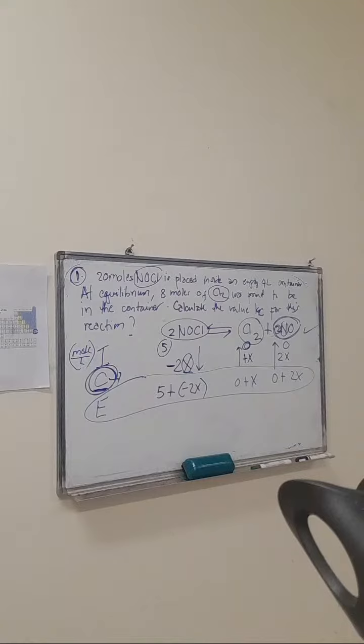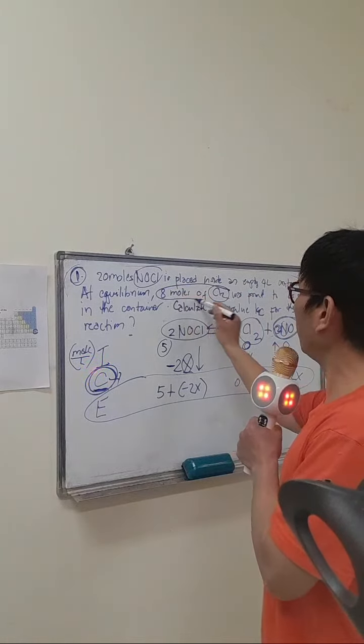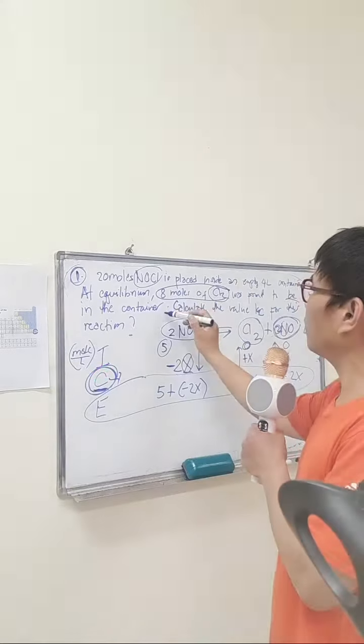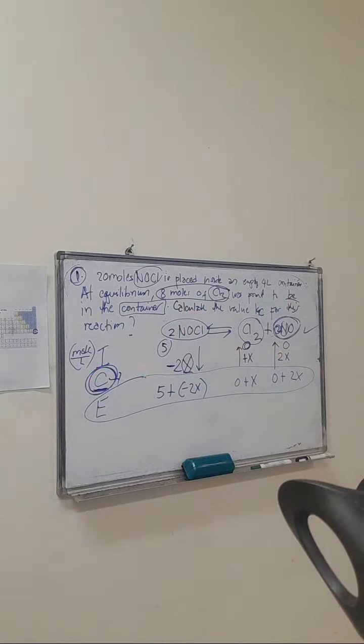So there's 8 moles of chlorine gas found in the container. And you know the container is 4 liters also. So we now have the equilibrium concentration of chlorine.